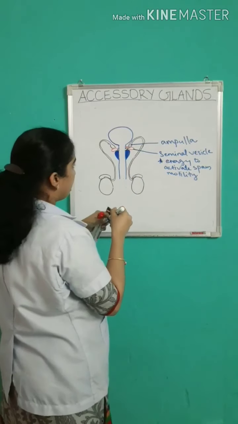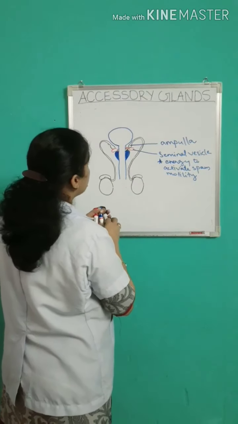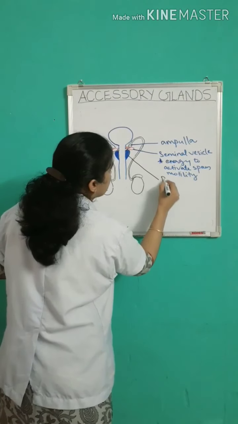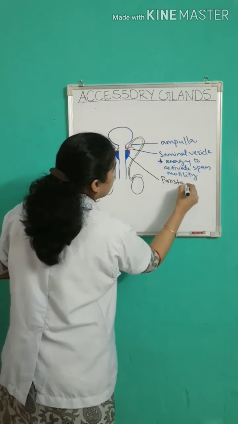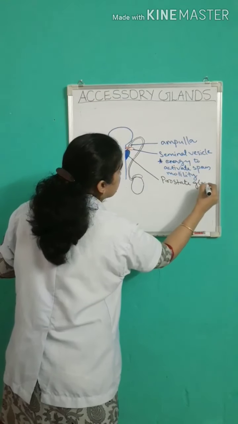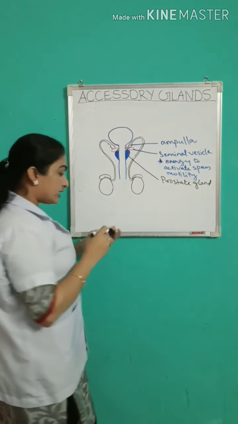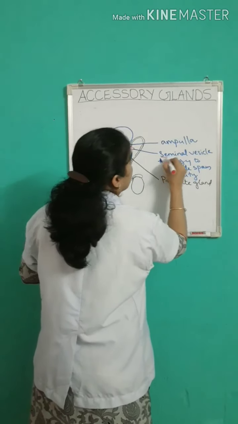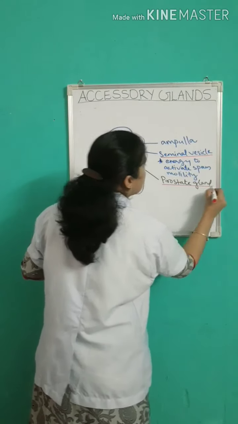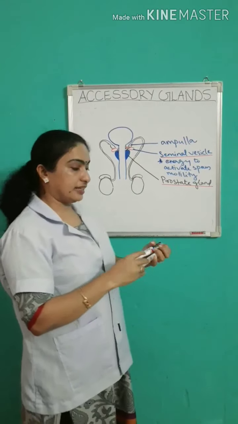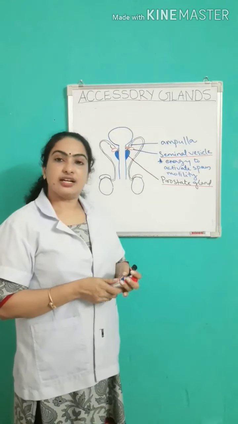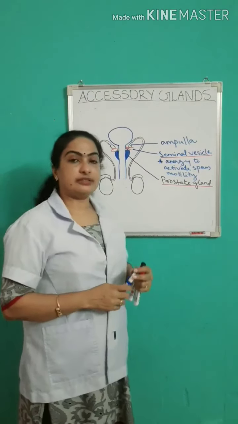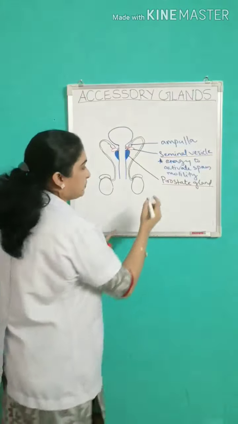That is known as the prostate gland. This prostate gland also has an alkaline secretion that is also added to the sperm. This secretion provides protection to the sperm.